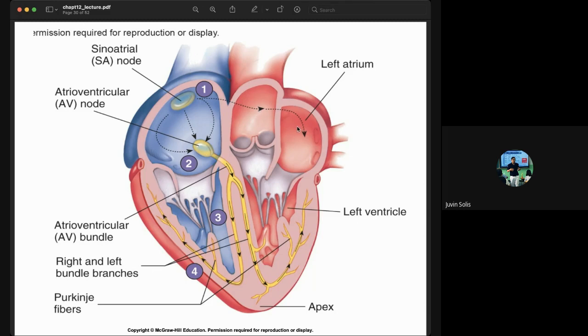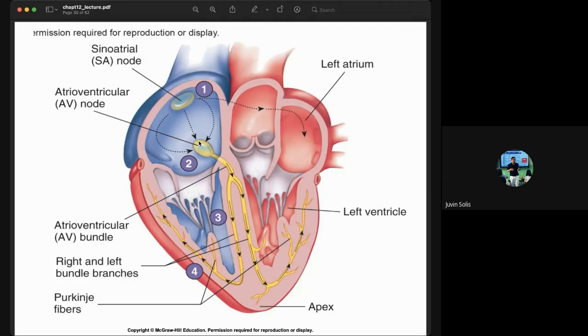As you can see here, papunta siya sa may left atrium. And then from the SA, magtra-travel din naman siya dito sa may atrioventricular node.